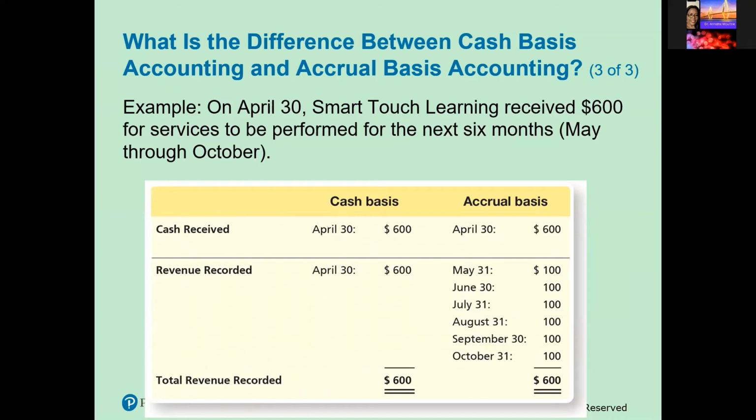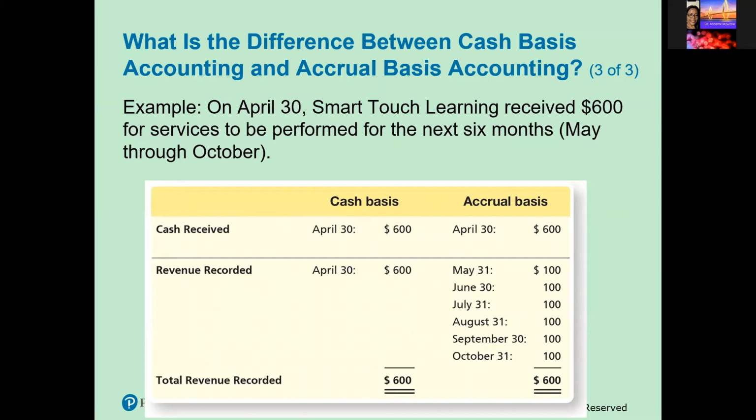However, the accrual basis method requires the revenue to be recorded only when it is earned. So Smart Touch Learning would record $100 of revenue each month for the next 6 months.